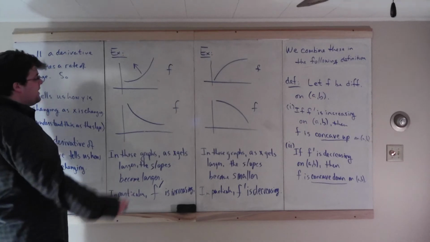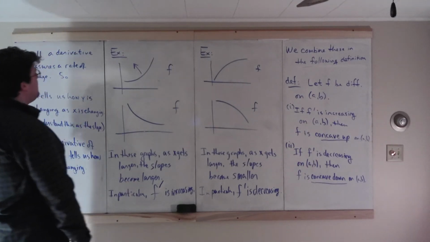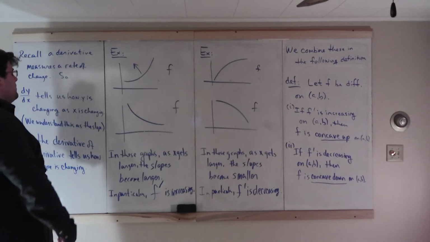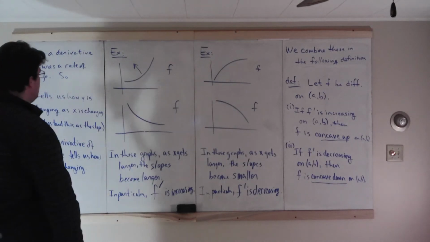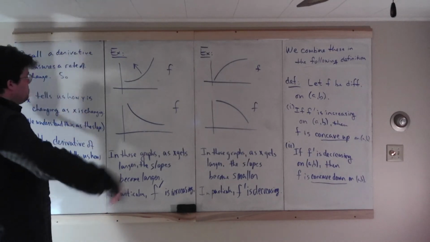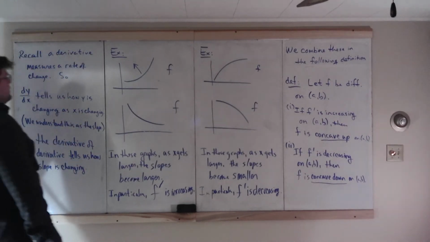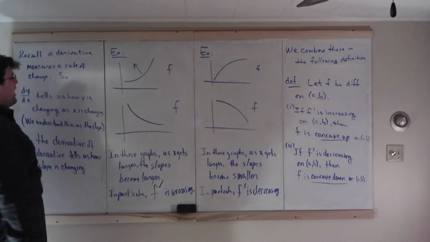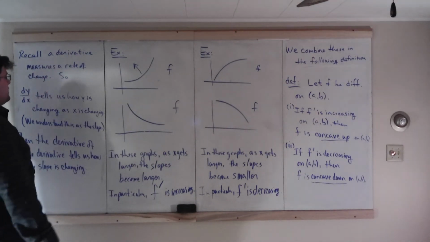So we call it concave up, concave down, because to understand concave up, concave down, we don't necessarily have to get into the details of the first derivative, the second derivative, slopes of tangent lines, and so on. We can just look at these curves and look at their caved-in portion and look at where the caved-in portion is pointing.